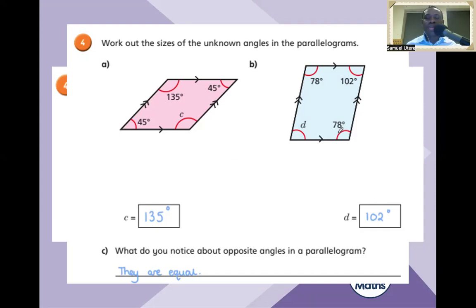You could have used the other fact which you learned, that the opposite angles in a quadrilateral are equal. So C is 135 degrees and D is 102 degrees. And then the question was, what do you notice about the opposite angles in a parallelogram? They are equal.